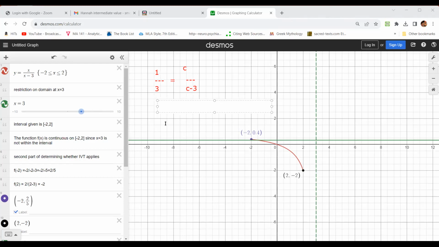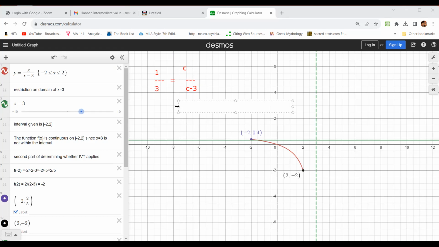f of c means I put a c everywhere here. And f of c, which is this function here, is c over c minus 3. Let me write it below.